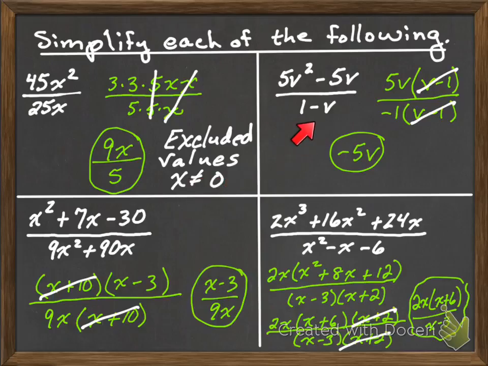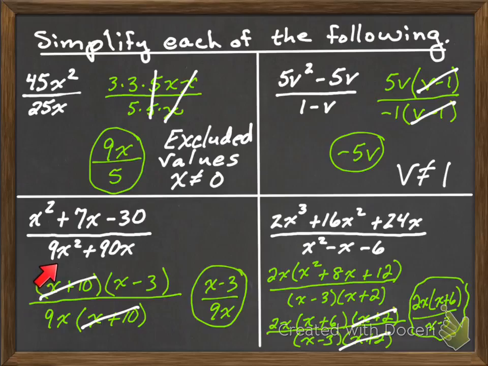On the next one here, the excluded value means we're, again, looking for what can x not be. Well, v cannot be 1 because if v is 1, then that would give you 1 minus 1, which is 0 for a denominator. All right, so that is called your excluded value.